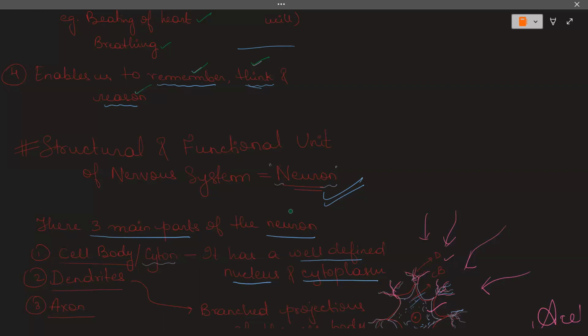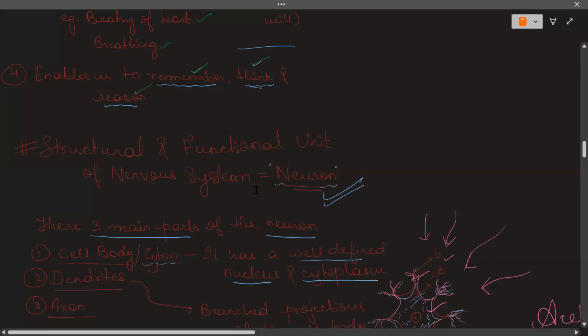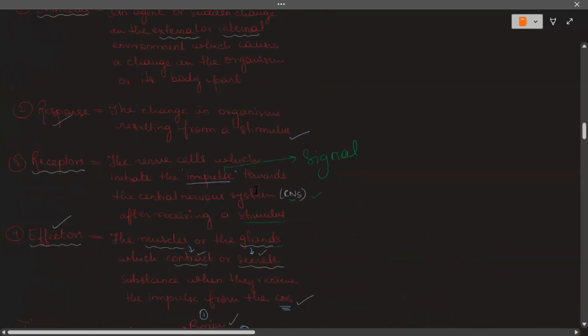Cell. Very good. Cell is the structural and functional unit of life. In the same way, the structural and functional unit of the nervous system is the neuron. Clear? Okay. Now, students, note down till here and then we'll move forward.